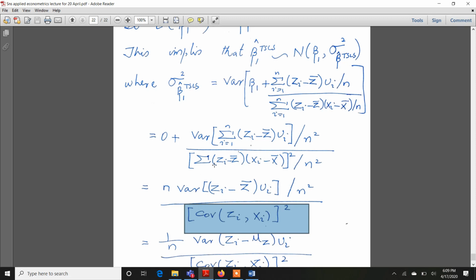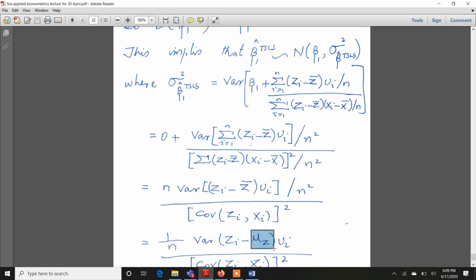So now we have this covariance of zi and xi squared, right? If I consider this denominator part, then the variance of a summation could be written as n times the variance of that internal quantity. So this n and this n squared cancel and we get 1 by n, and we get the variance of zi. Now I have replaced this z bar with mu z. Why?